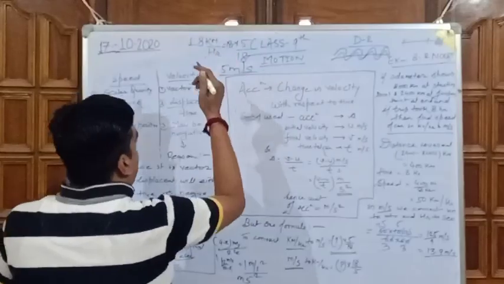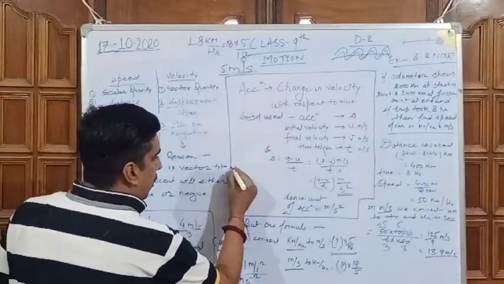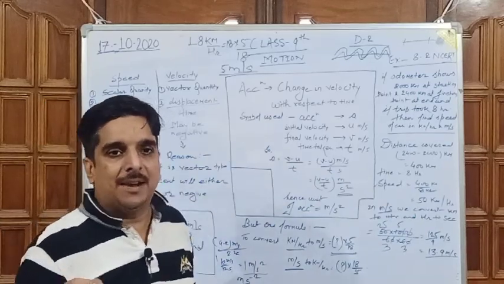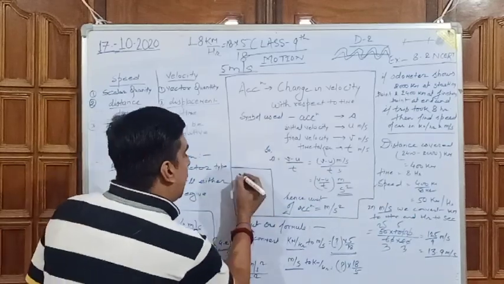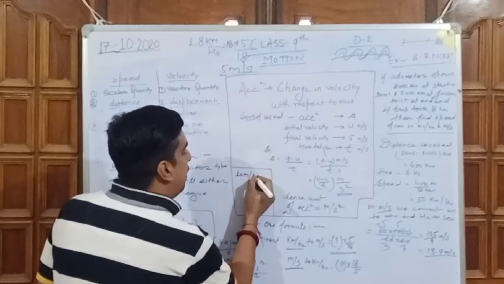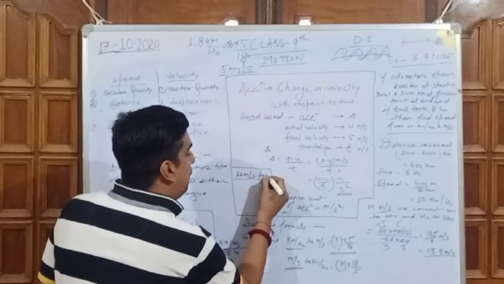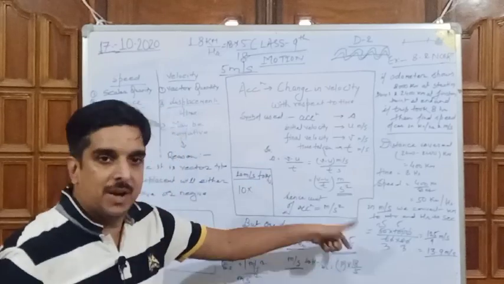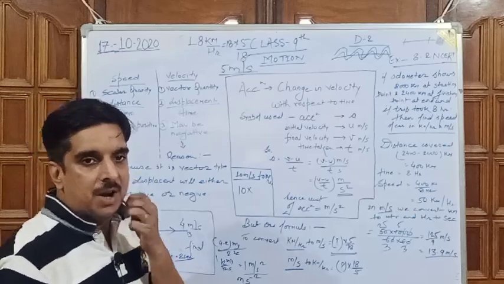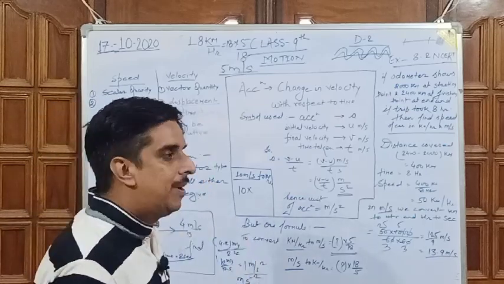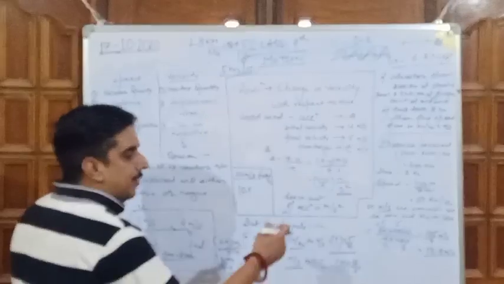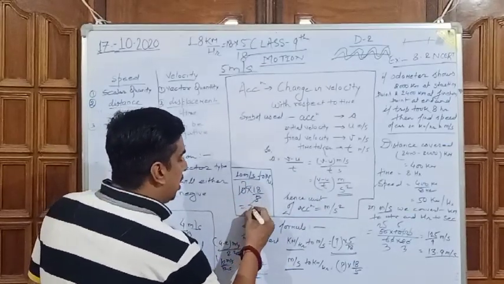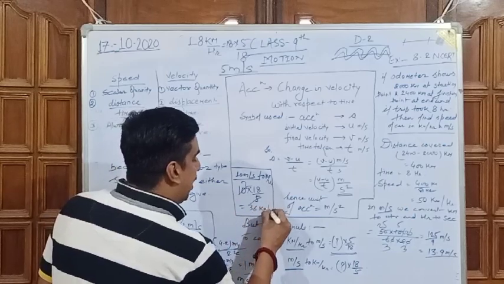For example, if somebody asks to convert 10 meter per second to kilometer per hour, what do we do? 10 into, just reverse. For converting meter per second to kilometer per hour, we just reverse it to 18 by 5. So that will be equal to 36 kilometer per hour.